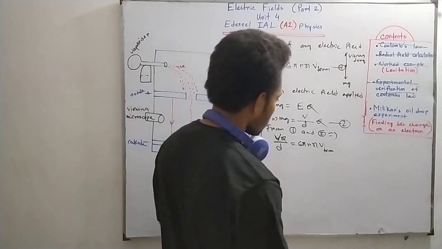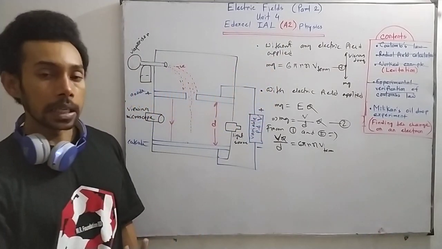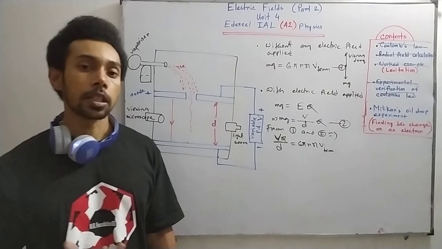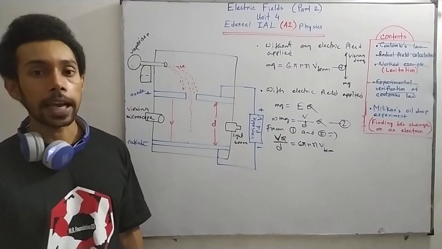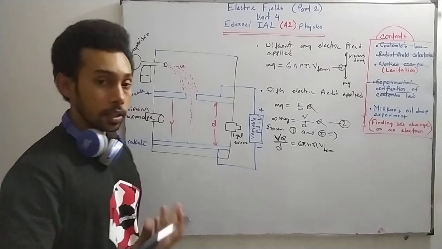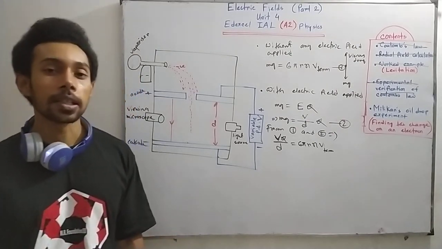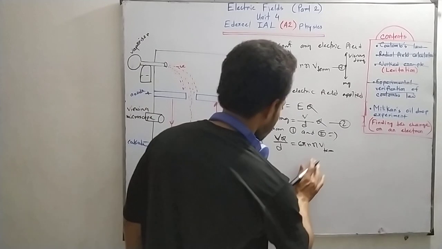And you'll be surprised how Millikan measured the radius of the oil drop, since it is very small and it's difficult. Actually, it was impossible for him to measure the radius of the oil drop then.